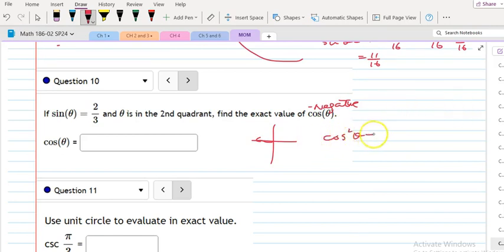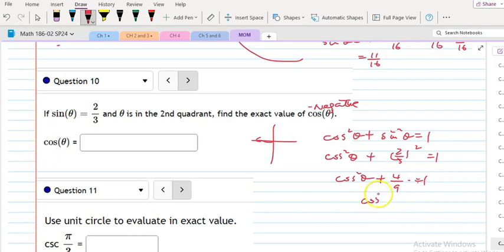Cosine squared theta plus sine squared theta is equal to 1. So cosine squared theta, that's what we want to find. Sine squared is 2 over 3 squared, that's 4 over 9. Cosine squared theta equals 1 minus 4 over 9, that is 5 over 9.